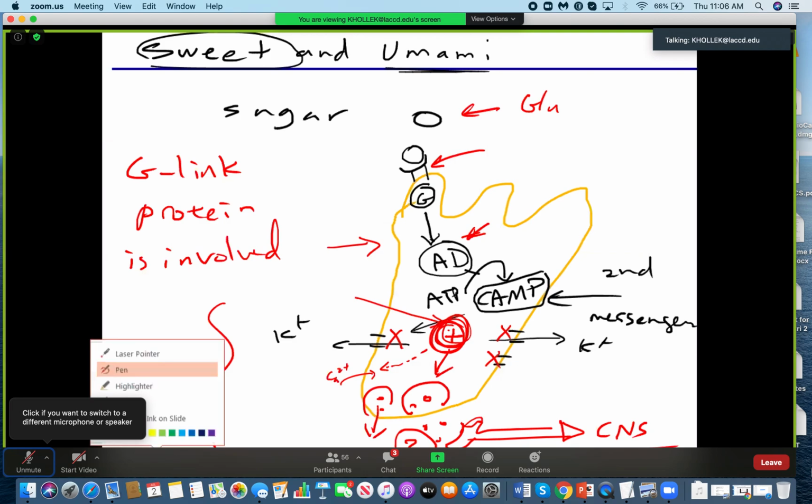If you recall, once the depolarization occurs in the axon hillock, you had a lot of those sodium voltage gated channels, and then sodium would enter and cause the propagation of the action potential from one area to another.